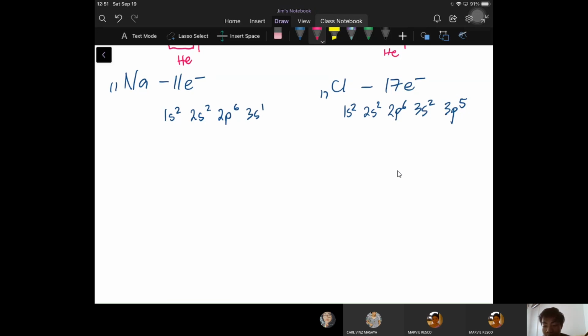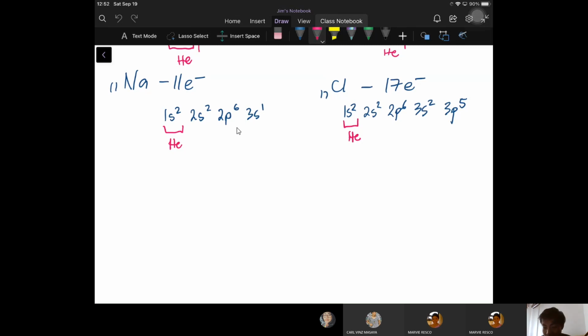Tingin ulit tayo. Yung ikalawang electron that corresponds to helium. So, yung 1s2, this corresponds to helium configuration. Ano ba yung susunod na noble gas? Neon. Kapag may 10 kang electrons starting from 1s, that corresponds to neon. Tignan natin to sa sodium. 2, 4, 10.